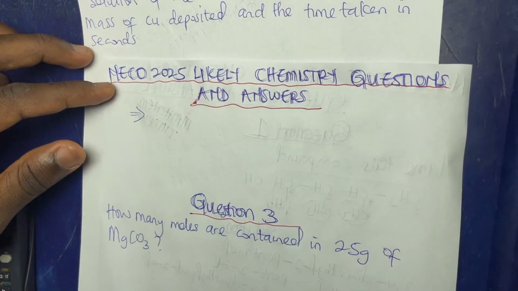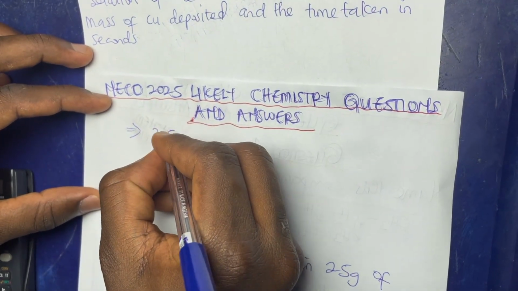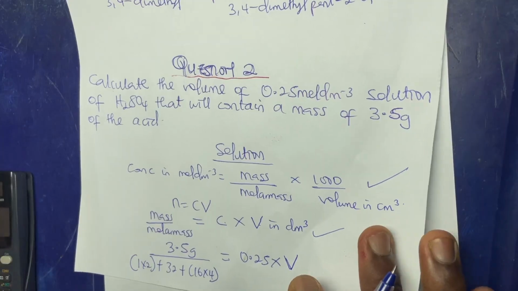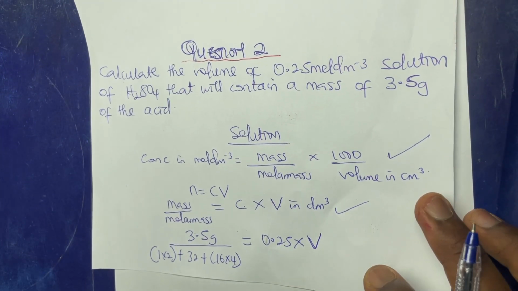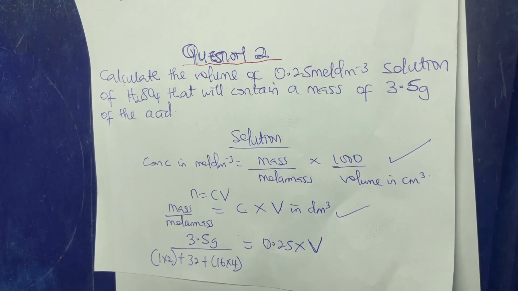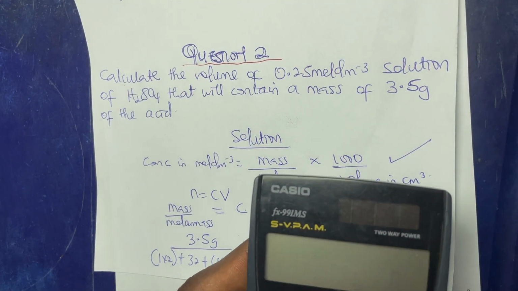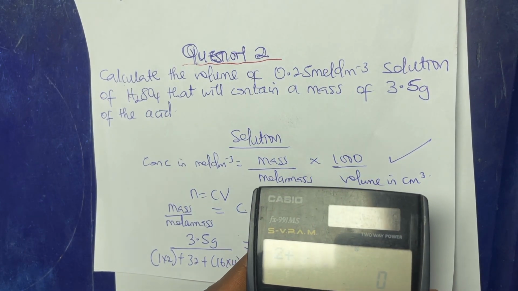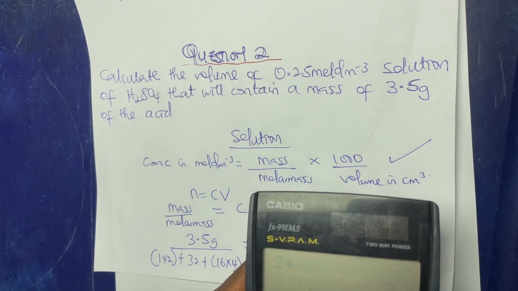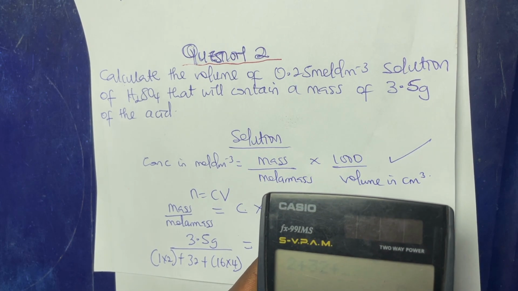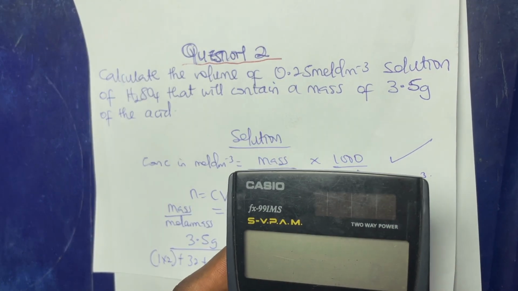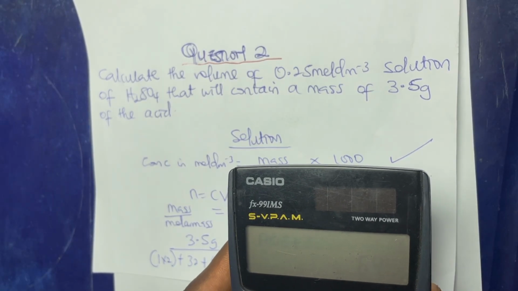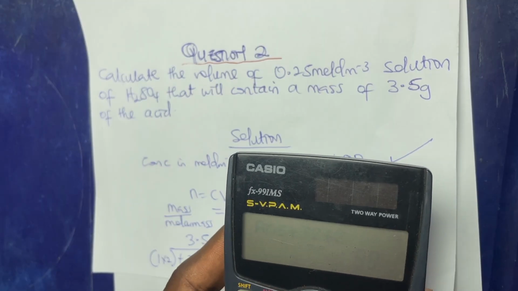Calculating the molar mass: 2 plus 32 plus 16 times 4, that is 64 plus 32 plus 2, and that is 98.